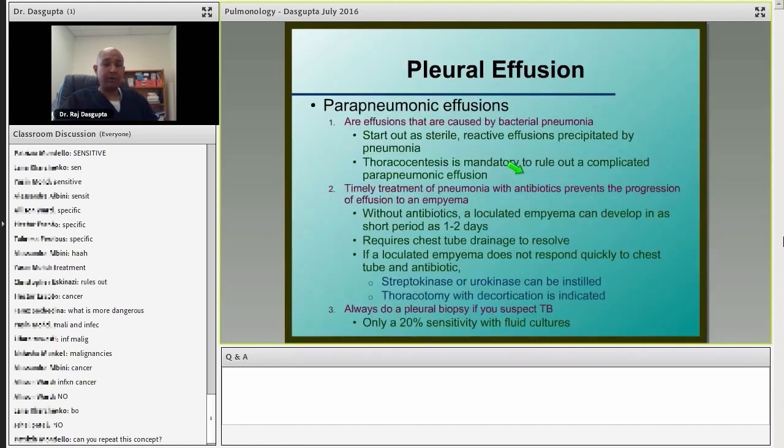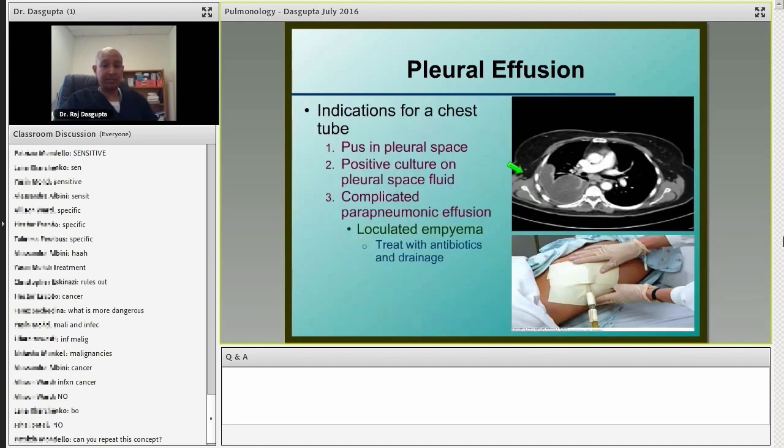So when we talk about these pleural effusions, a couple things I just wanted to say is that if they were to ask you about the chest tube, for a third and fourth year medical student, they're going to keep it simple. If there is pus that is seen from the pleural space, we call that empyema. If they say it's a complicated effusion, if it's a loculated effusion, and this is a CT of a loculated effusion.